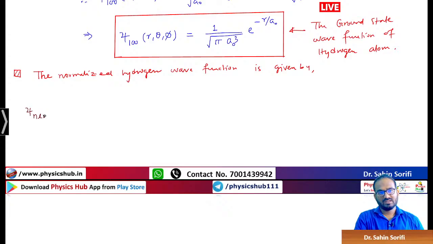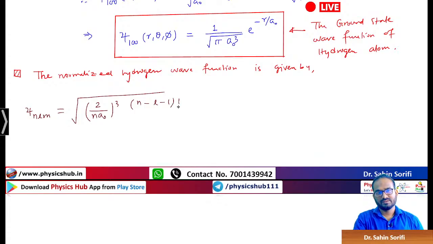Psi nlm equals the square root of (2 by n a naught) cubed, (n minus l minus 1) factorial over 2n times (n plus l) factorial cubed, times e to the power minus r by n a naught, times (2r by n a naught) to the power l, times the associated Laguerre polynomial L of 2l plus 1, n minus l minus 1, of 2r by n a naught, times Y lm of theta, phi. Why I am calling this equation stressful, you will understand in a bit.